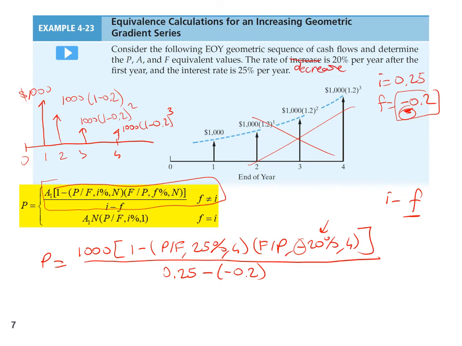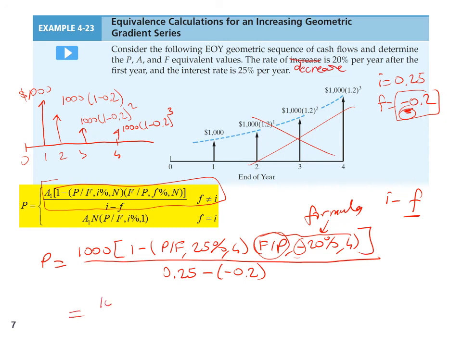And the thing is, now how can you look at this factor over here? Because it is negative 20%, and at the back of your book there are no tables for negative values. So for this part over here, use the formula. Okay, remember this is F given P. It means that it is the fundamental formula of engineering economy.